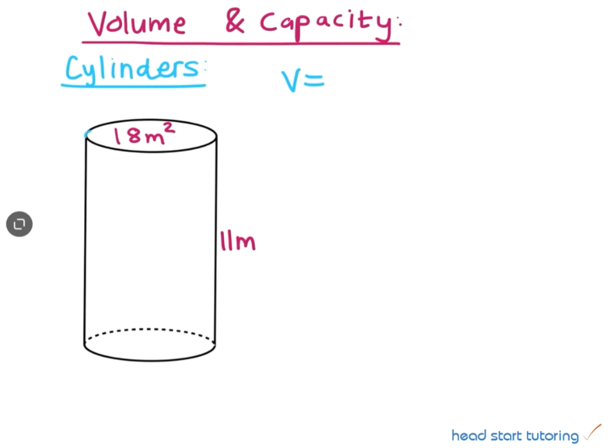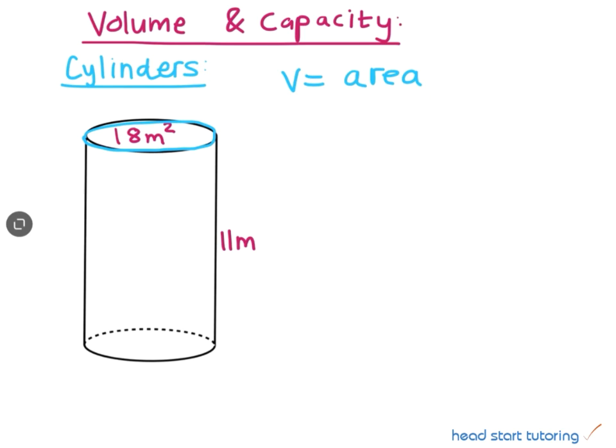So we have got the area of this cross section of this cylinder, which is 18 meters squared. So the volume of your cylinder is the area of the cross section of the cylinder, which will be a circular measurement.